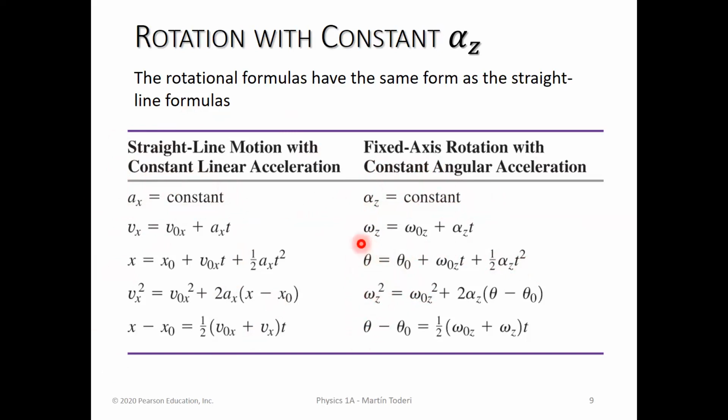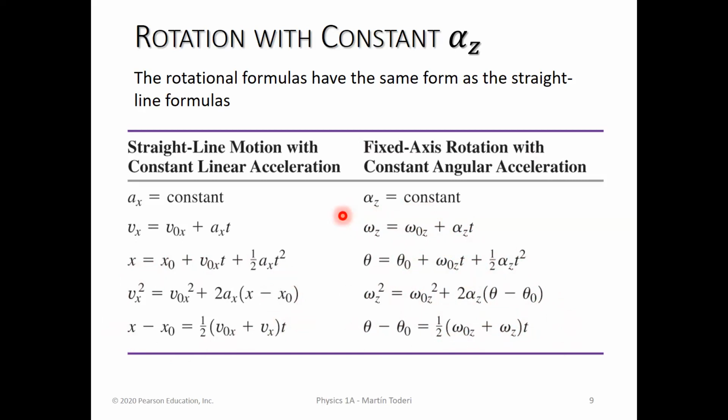So we can calculate the position as the initial position plus the angular velocity, speed in this case, times the time plus 1/2 the angular acceleration t squared. The angular velocity we calculate as the initial velocity plus the acceleration multiplied by the time. And of course, we can get the same two equations that let us bypass using time here, and let us bypass using the acceleration here, just the same as in the straight line motion.